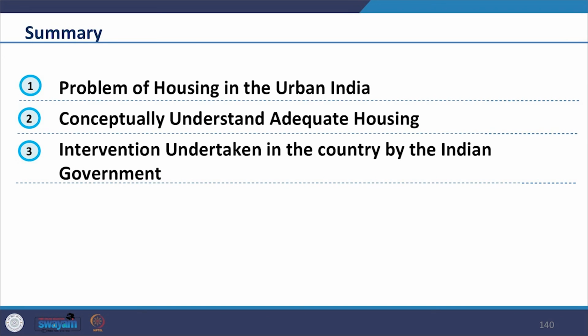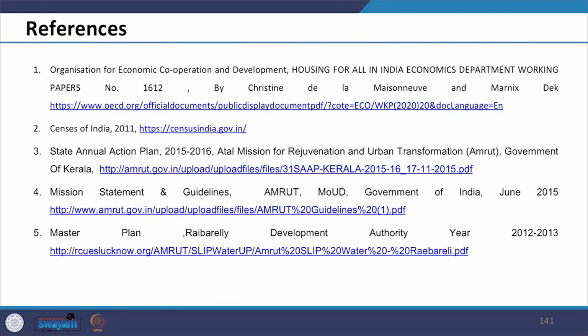And then we looked at various interventions which our government has taken in the country, and certain recommendations which we see through the OECD document. So, these were the major references which we used.